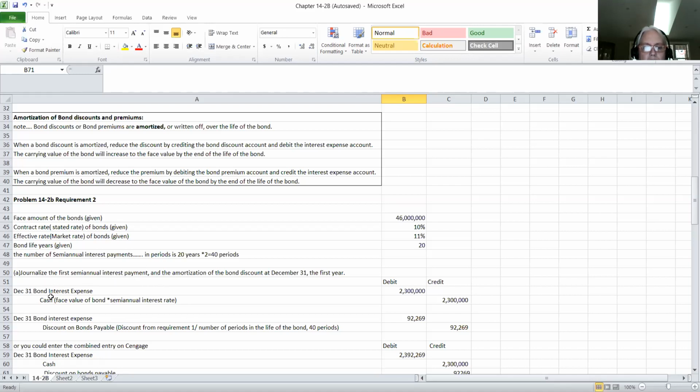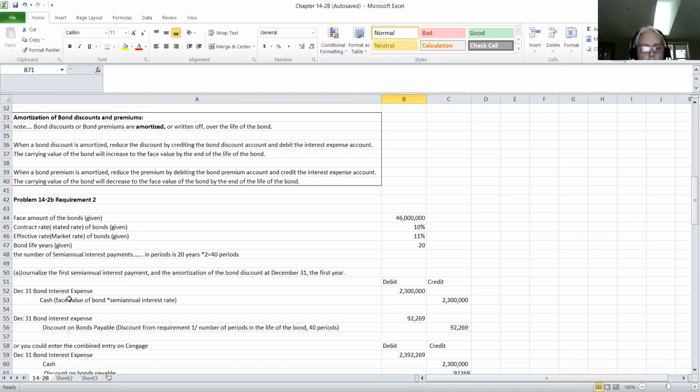So we want to get all of our bond interest calculated in the time period that it belongs in, so that we can match our revenues with expenses properly on the income statement. And I might tell you that this bond interest expense account will show up on the income statement as an other item in the other revenues, other expenses category on your income statement.